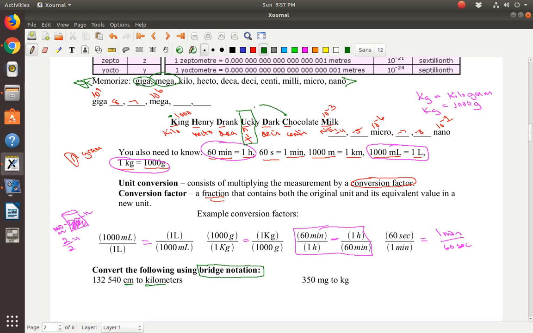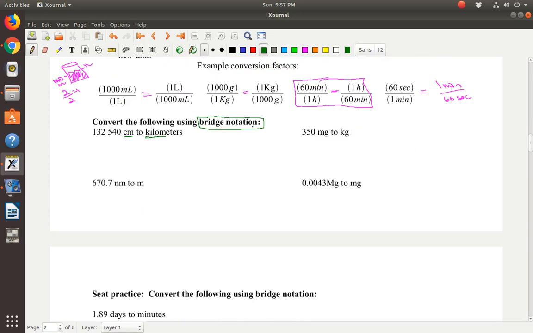So I'm going to turn my centimeters into the base unit, and then the base unit into the kilometers. So I've got to know the relationship between centimeters and the base unit. And this is where I normally write, when I'm doing the math, I do it like this. Giga, space, mega, space, King Henry drank Ucky dark chocolate milk. I like to do the little D's, C's, and M's on the other side because these are getting smaller.